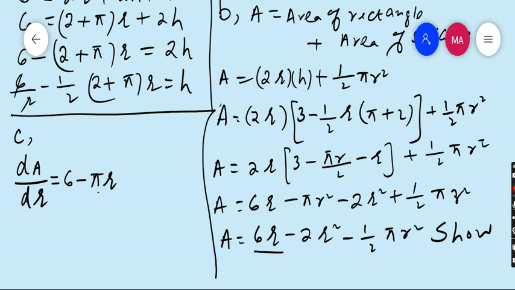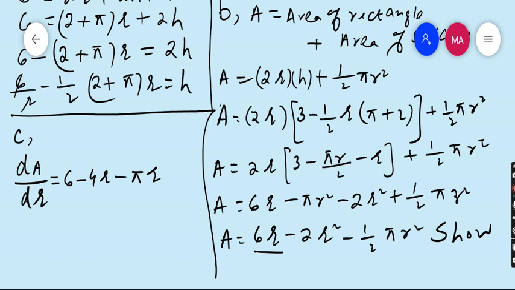Sorry, I forgot to find the derivative of minus 2r square. That is minus 4r, and then minus pi r. So this is dA by dr: 6 minus 4r minus pi r.